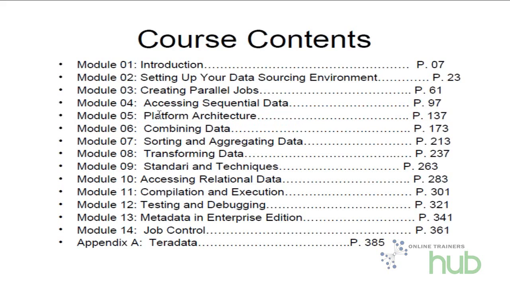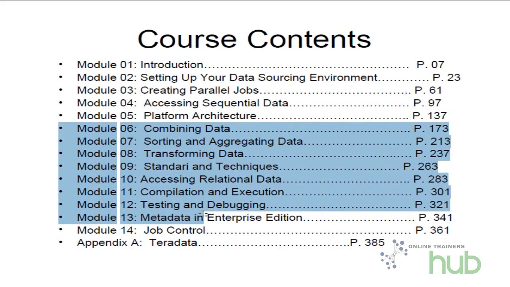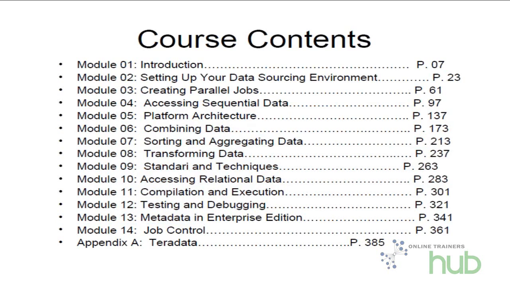We'll talk about them in detail. Likewise, we have several topics: how to combine the data, how to sort the data. We have many topics. All of them are not listed here, only some of the high-level bullet points which you can see as part of this particular course content.